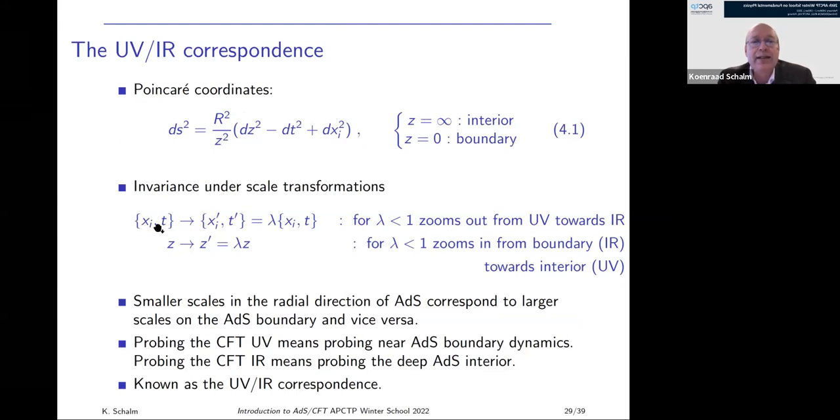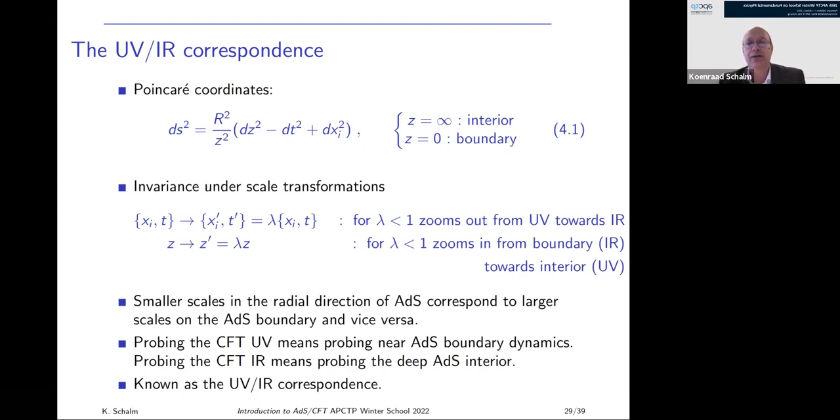If I take all my coordinates x, y, and t and transform into new coordinates, which are lambda times the old coordinates, then what happens if lambda is smaller? Then I actually zoom out and I look at larger scales. I zoom out from the UV to the IR. I start with my x, I multiply by a small number. That means I'm only looking at larger scales, right?